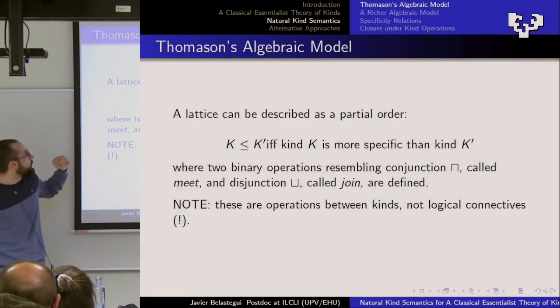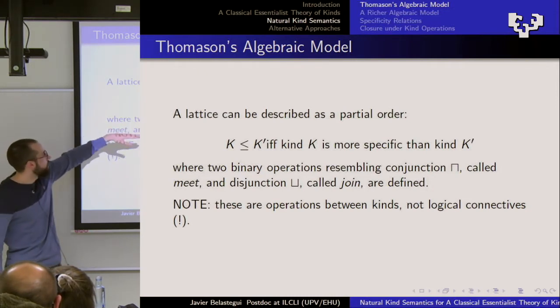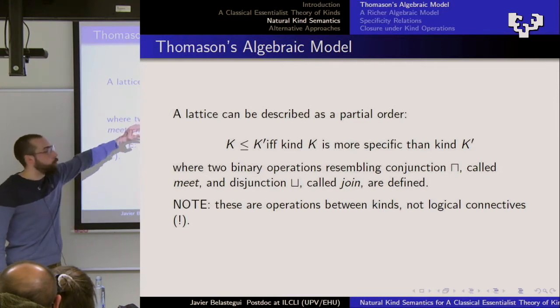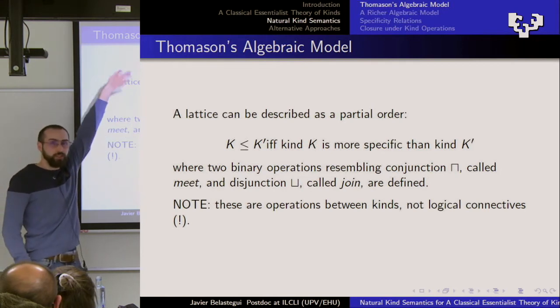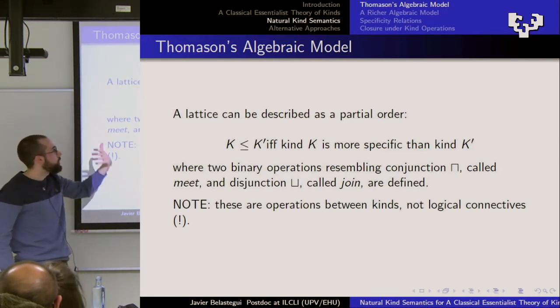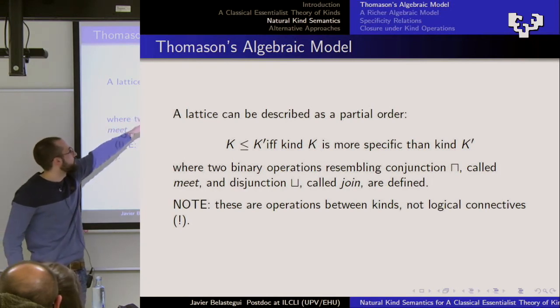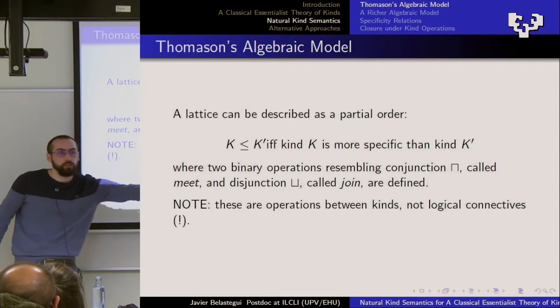Okay, so in our case, I will describe lattices basically as these algebraic structures, but as defined by a specific order relation. And this order relation is the one that I depicted before, with the lines in the diagram. You can think about this as, K is less than K prime if and only if K is more specific than K prime.